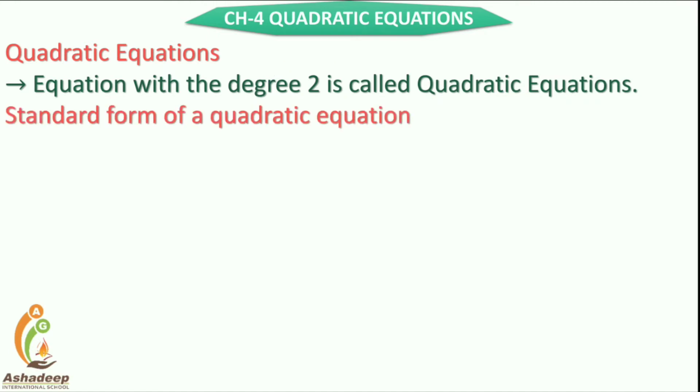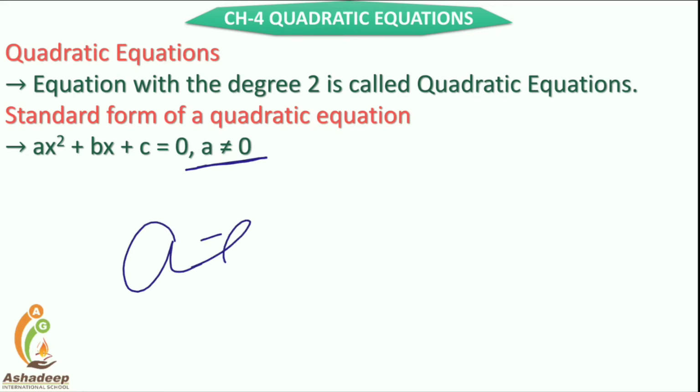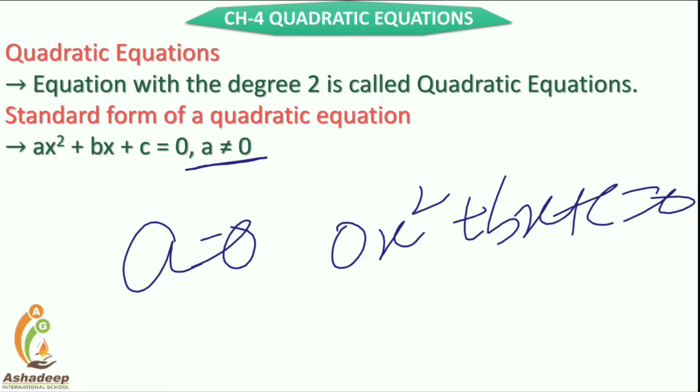Right, a standard form of the quadratic equation is ax square plus bx plus c is equal to 0, where a does not equal 0. Why? Because if a is equal to 0, then we see 0x square plus bx plus c is equal to 0.